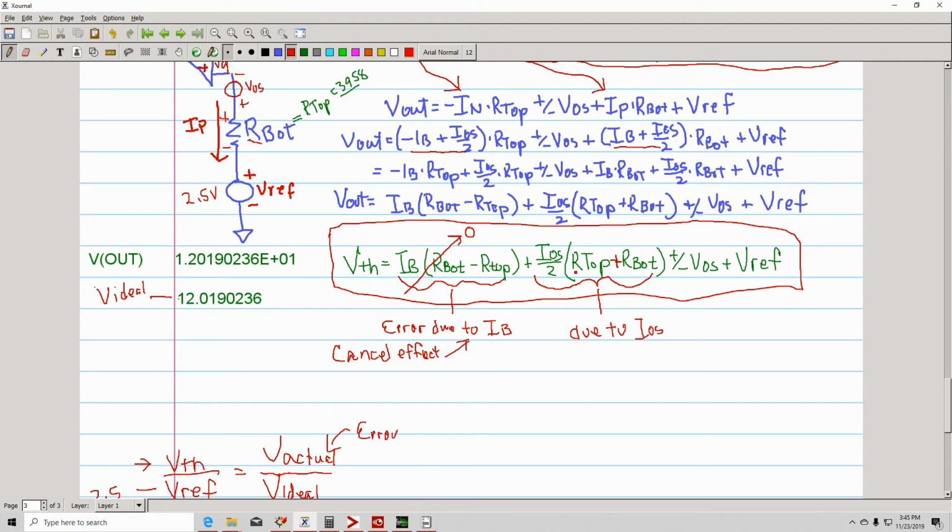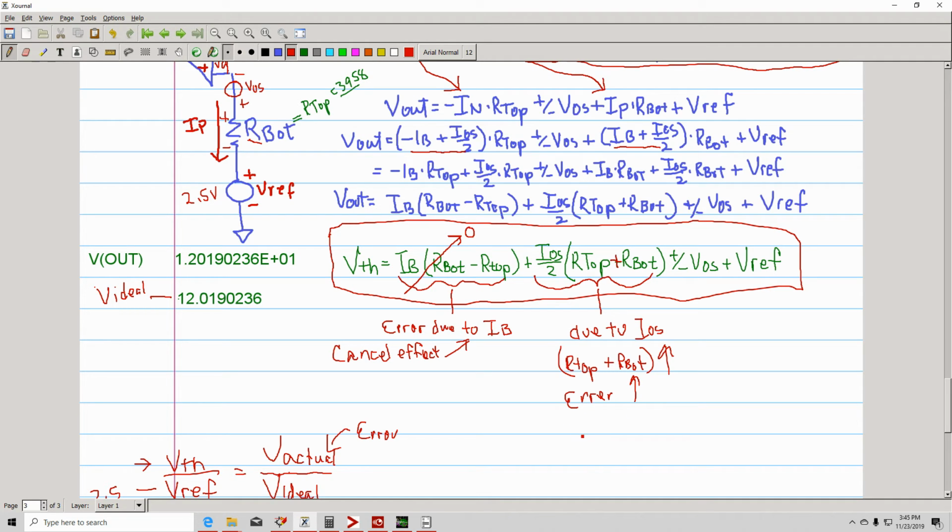But it tells us one thing: if R top plus R bot, if these two go up, then the errors due to IOS are also going to go up.